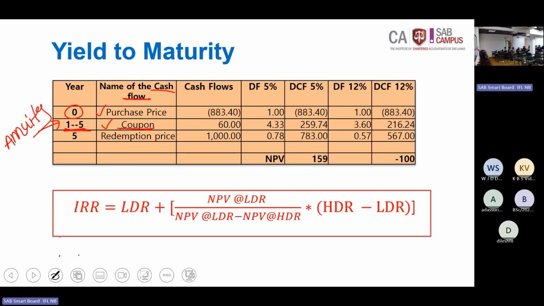I hope you all have the idea regarding how to calculate the IRR. At the end of the 5th year, what do we have? Redemption value, or else within brackets, write it down: face value.